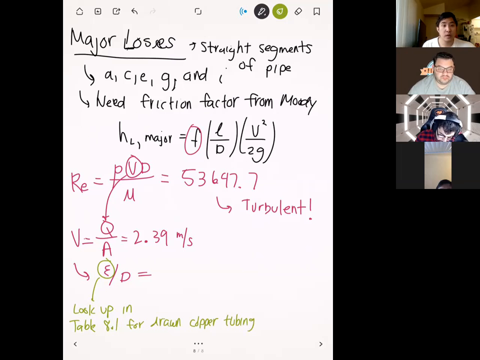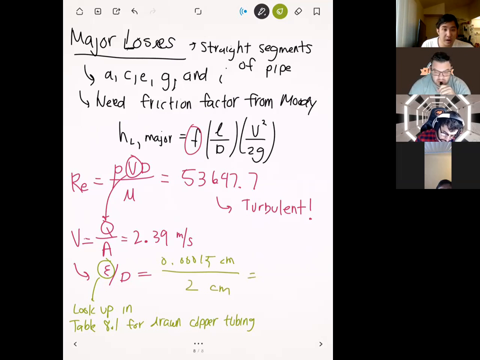We looked that up in the table, and what we get is a surface roughness of 0.00015 centimeters. I think the table will give it to you in millimeters, but let's convert it to centimeters just because our diameter is in centimeters.